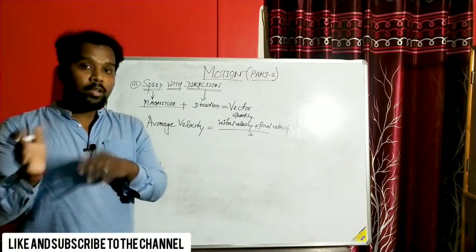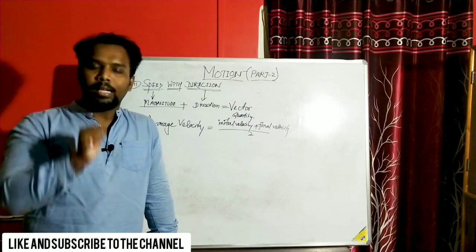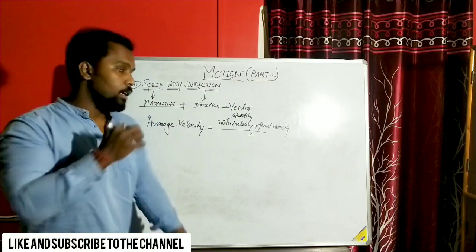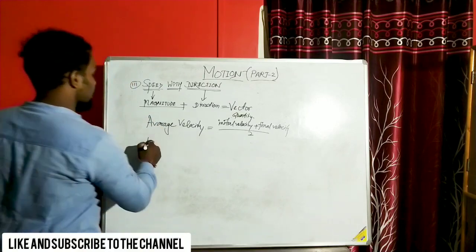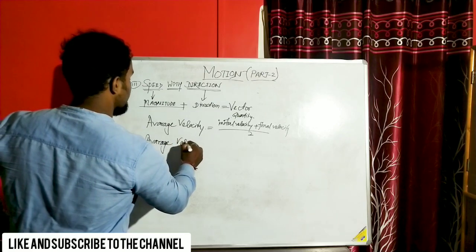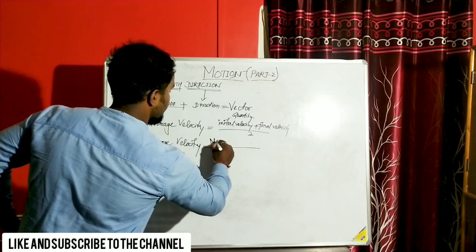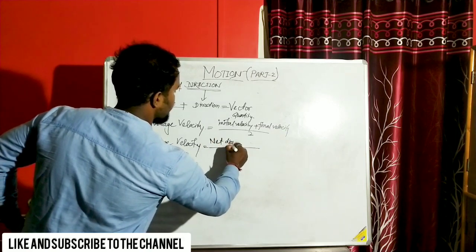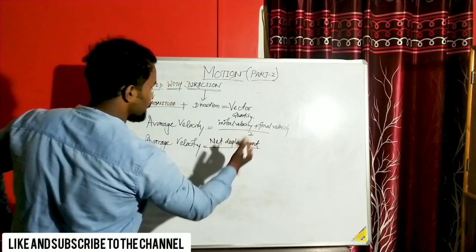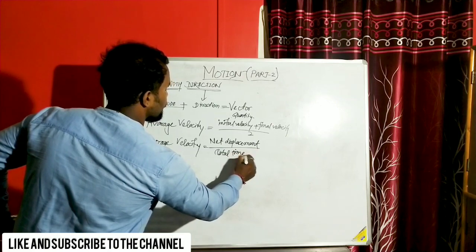Again, if only the net displacement and the total time taken to cover that displacement are given, and I ask you what is the average velocity, then you are going to use one more formula: average velocity will be net displacement, that means total displacement, divided by total time taken.